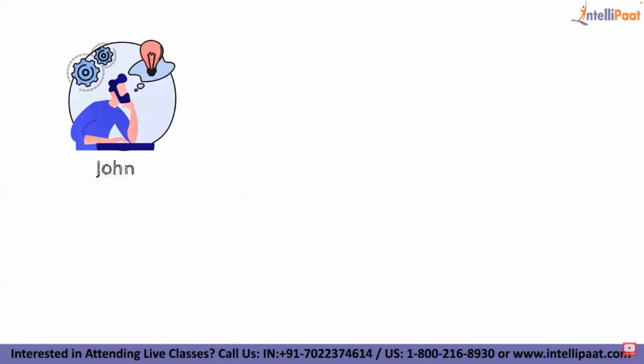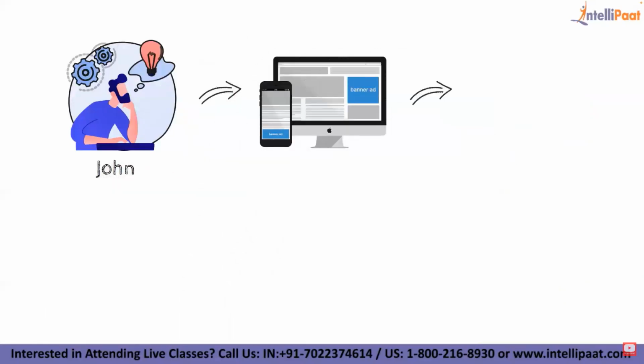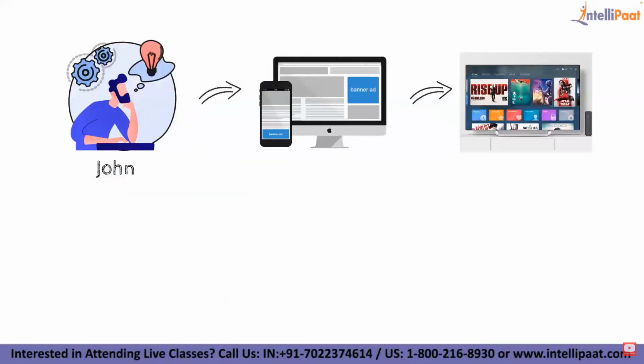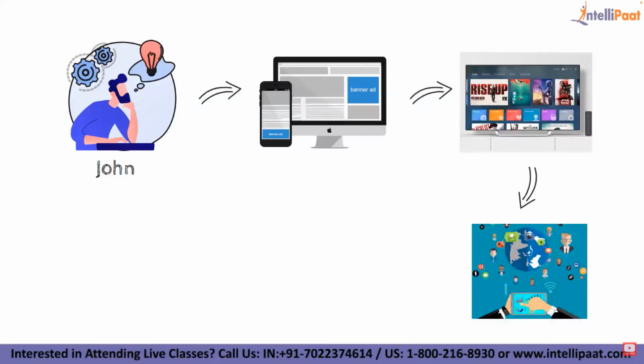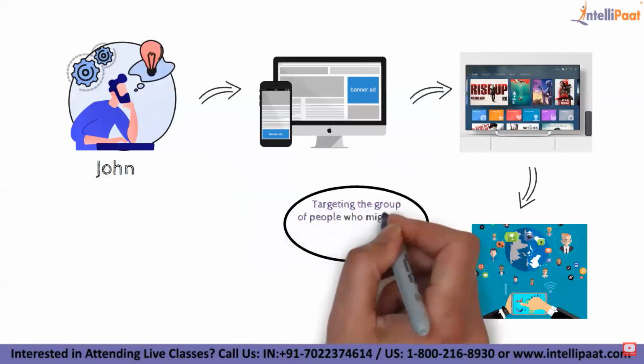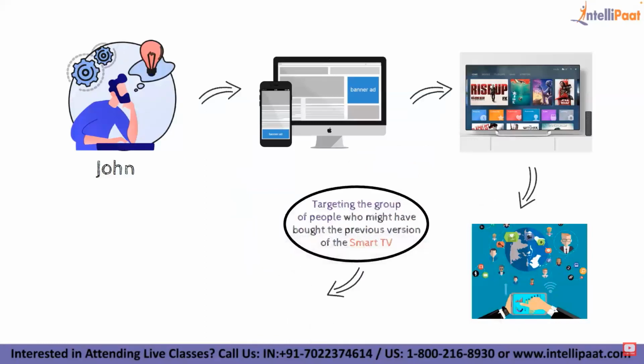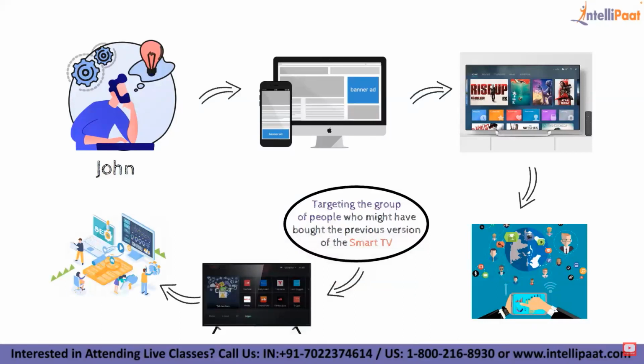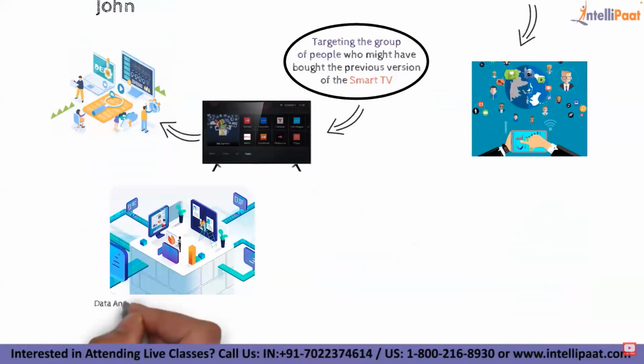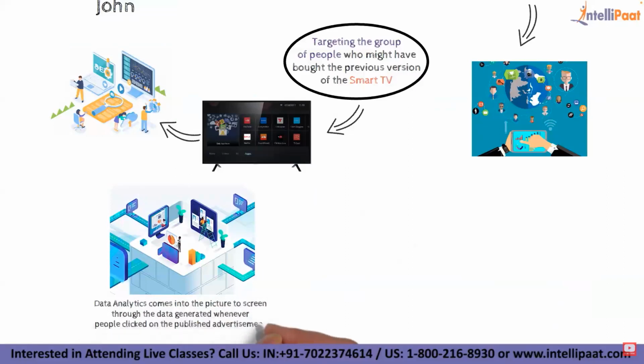John, who is a digital marketing professional, is running an online advertising campaign to promote a new smart television. John starts by targeting the group of people who might have bought the previous versions of the smart TV in question. As the campaign runs, data analytics comes into the picture through the data generated whenever people clicked on the published advertisement.